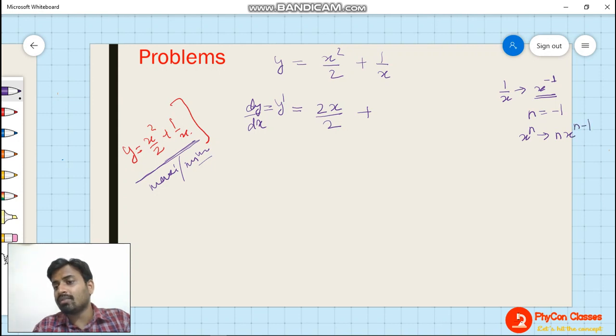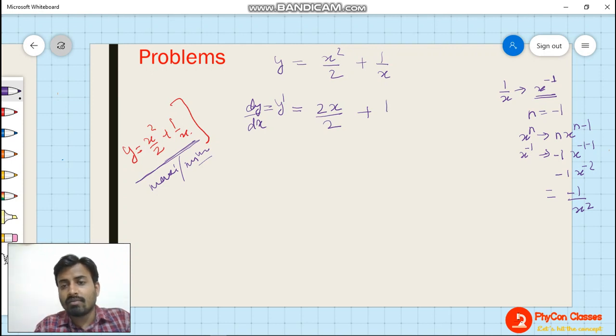So when n is minus 1, the derivative of x to the power minus 1 is minus 1 times x to the power of minus 1 minus 1, that is minus 2. That is minus 1 x to the power minus 2, which can also be written as minus of 1 by x square. Are you understanding this? So this differentiation is going to be 1 by x square with a negative sign. Clear?